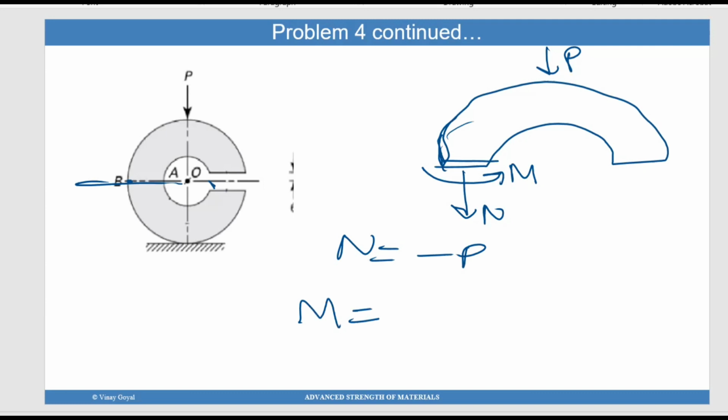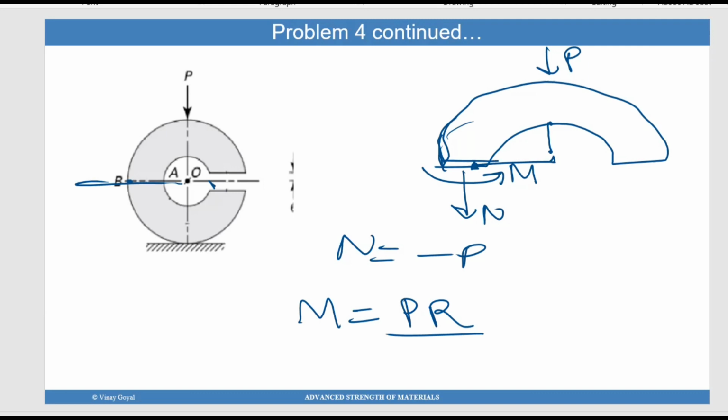The way you can do it is you can take a small part here and find out what the moment of that is. You're trying to do a moment balance in this, right? So there is no moment here because of N, for example, but there'll be a moment because of P. So what you do is P times capital R, the centroidal axis.